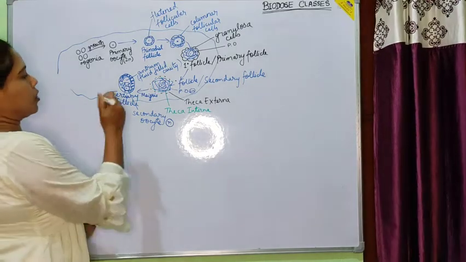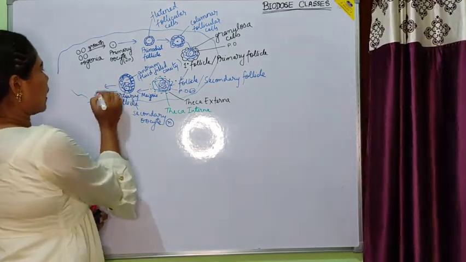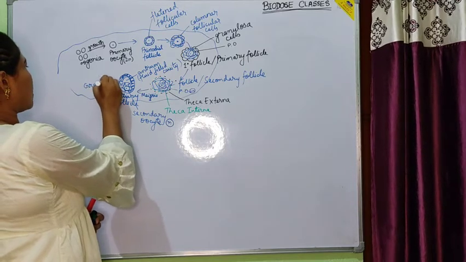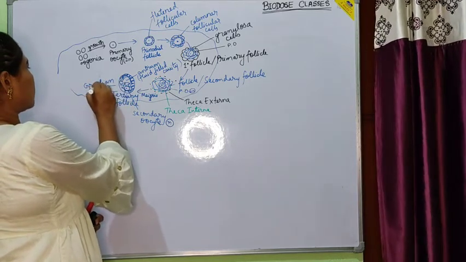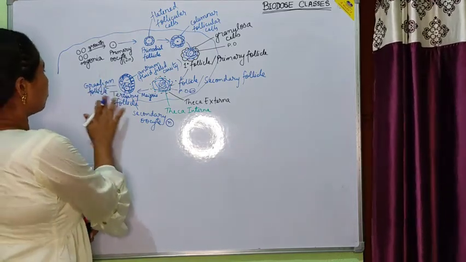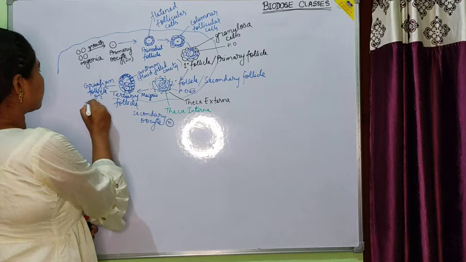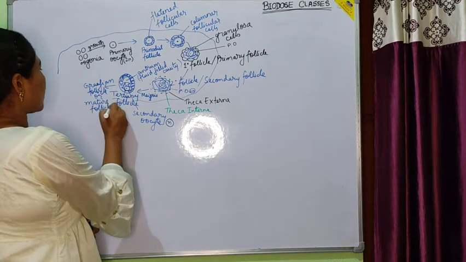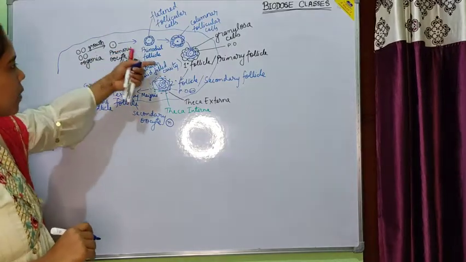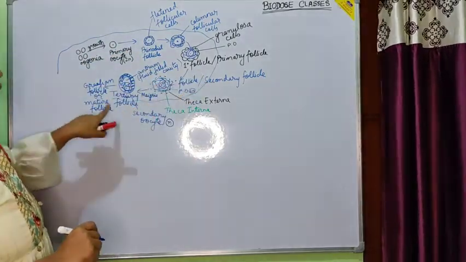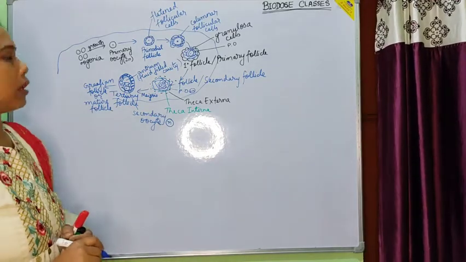After this, the tertiary follicle is again converted to the Graafian follicle. This Graafian follicle is also known as the mature follicle. So what we have seen: primary follicle, secondary follicle, tertiary follicle, and ultimately the Graafian follicle.